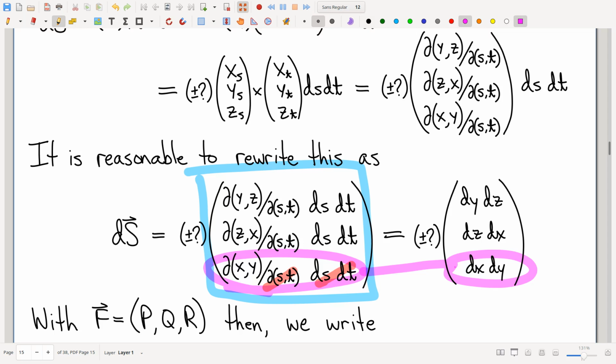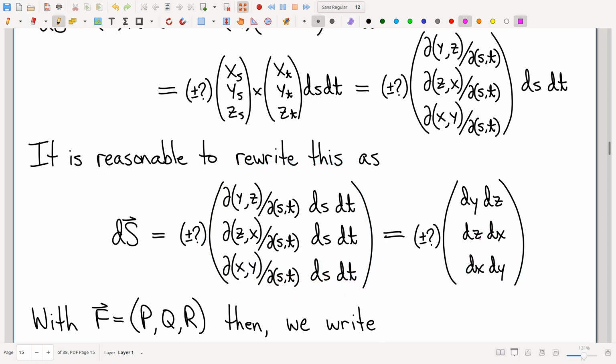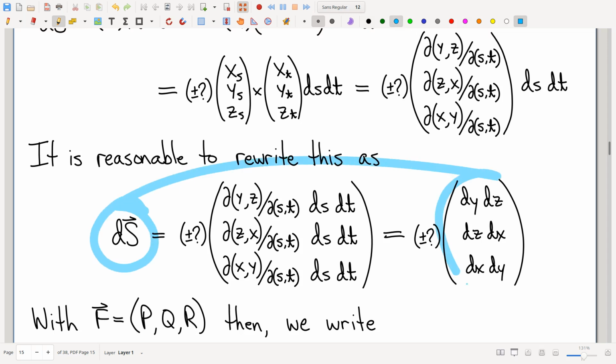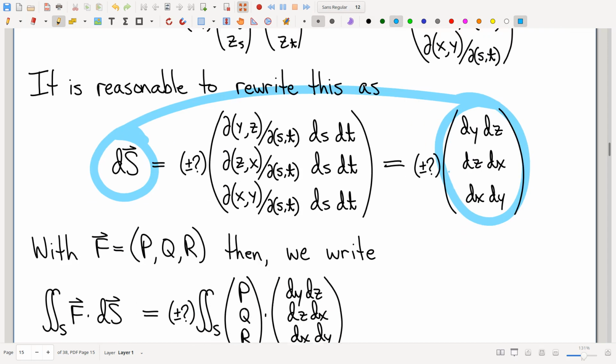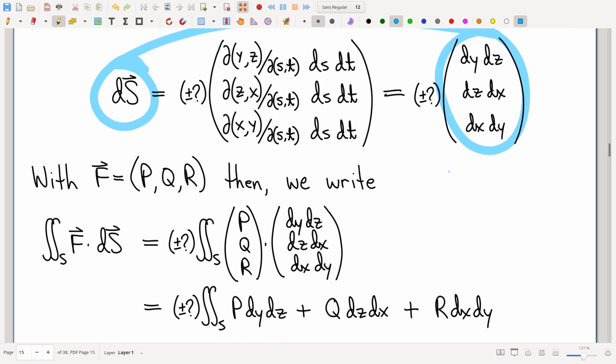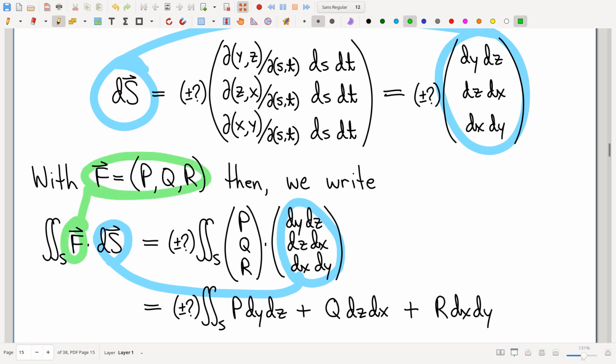Okay, good question. So, likewise for these other things, and check it out. We have ourselves a new alternative notation for our ds vector. And with that in mind, here we go. ds vector is now dy dz, dz dx, dx dy. Our vector field, whatever we're taking the flux of, we need some names for its coordinates.